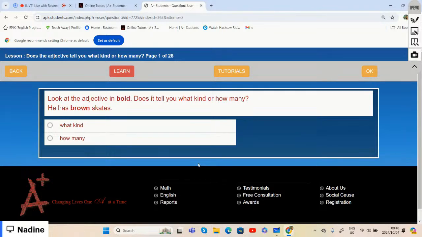Does it tell us what kind of skates he has or how many skates he has? Option two. If we say he has brown skates, then let's ask what kind of skates he has. So, what kind?